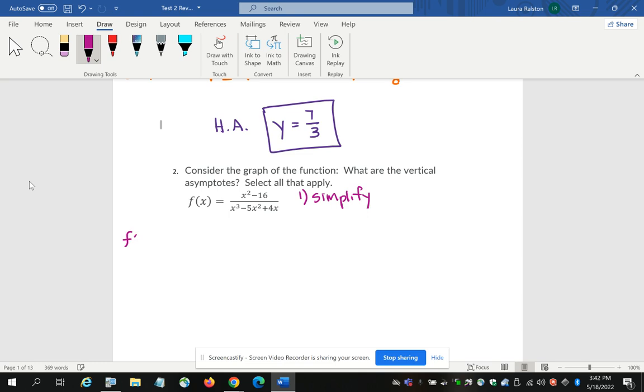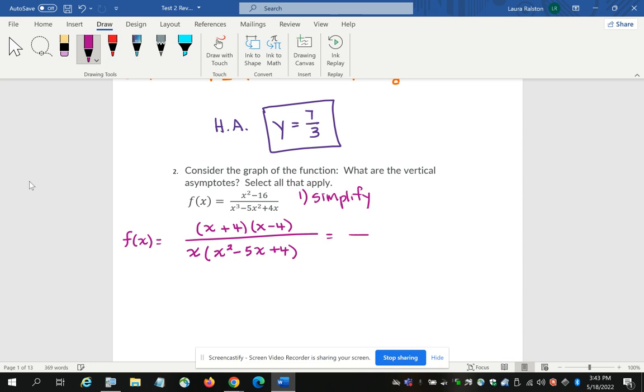I'm going to factor the quadratic in the numerator. It is a difference of two squares. It factors as x plus 4, x minus 4. In the denominator, I initially noticed a common factor of x. So I'll factor that out, and I'm left with x squared minus 5x plus 4.